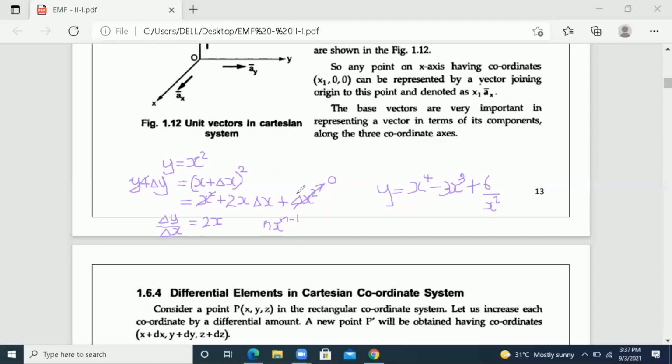I'll go further now and say, when y equals one function in x multiplied by a next function in x, in the same way we developed this, we develop what we call the product rule.